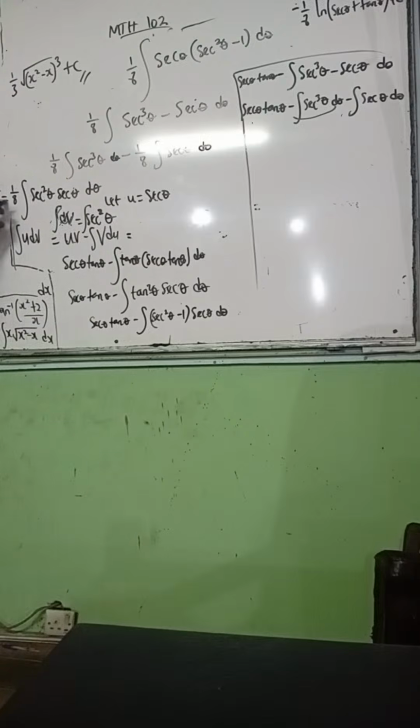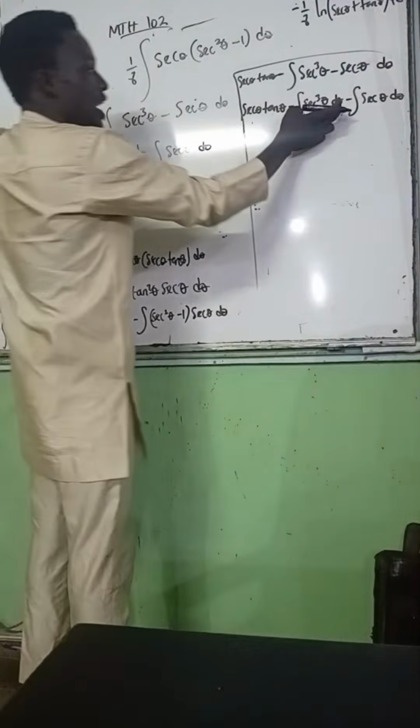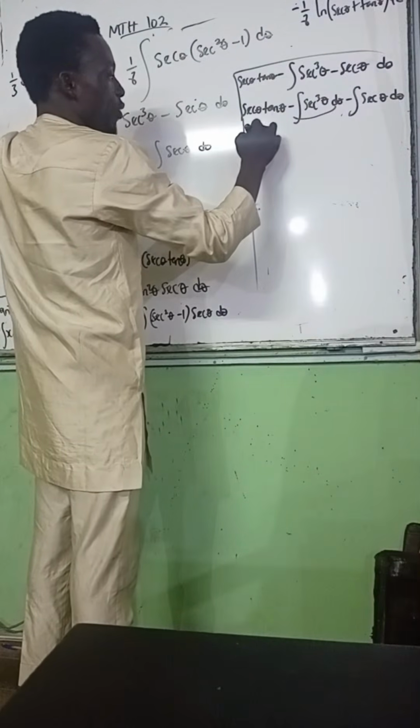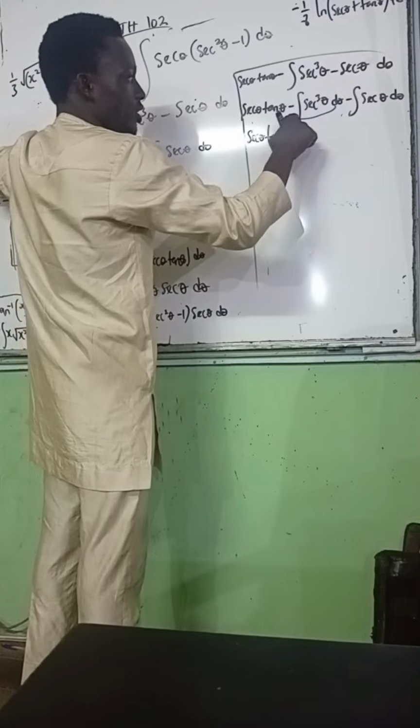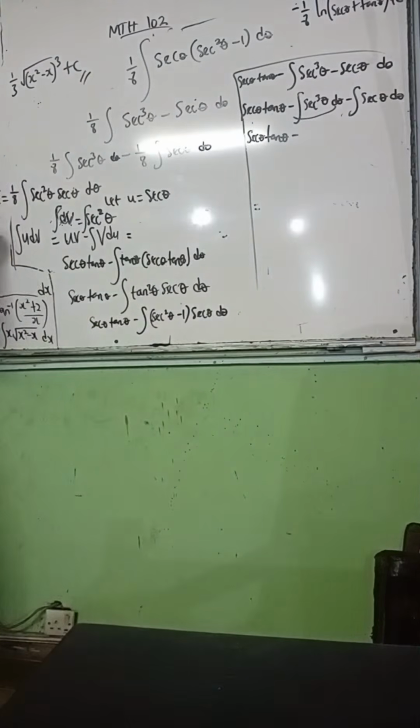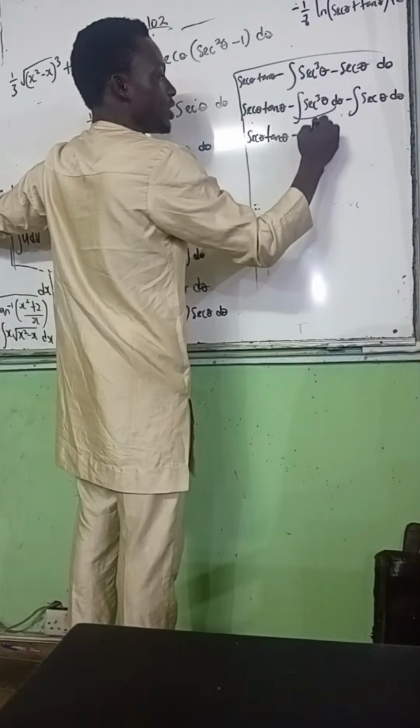If I equals 1/8 of this, we cross multiply, 8I gives us the integral of sec cube theta. So we are replacing this with 8I. So sec theta tan theta minus sec cube theta d theta equals 8I, because I means integration, what we are to integrate. If I equals 1/8 of sec cube theta, cross multiply, you have 8I equals sec cube theta.